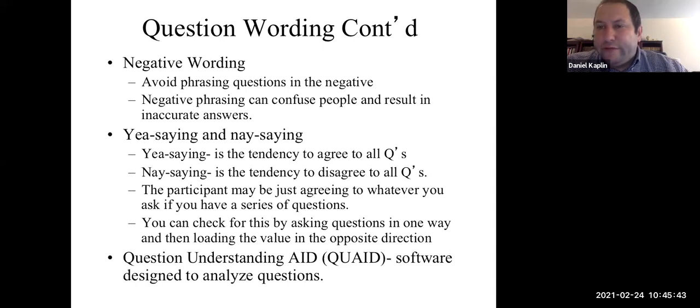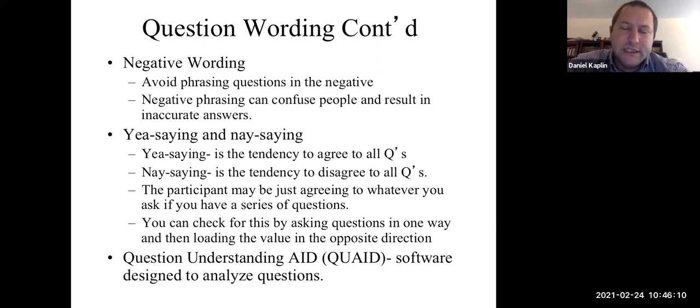Now, I'm sure you've had to fill out surveys before and didn't read them and you just clicked. We've all done that. But if you answered all the way down across the board, yes, that's called yay saying. Nay saying is the opposite, right? So that's where you say no, no, no, all the way down, right? So this is a problem. You have to be careful with yay saying and nay saying in surveys.